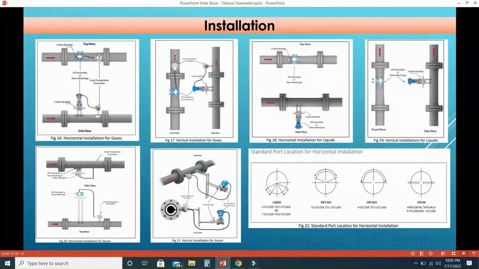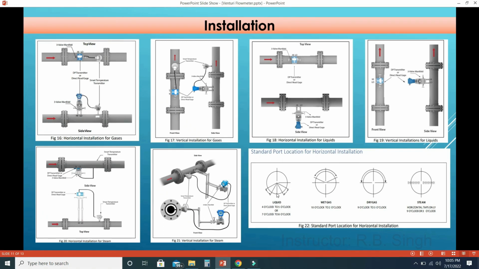Some installation details are available as per the different types of process media. Like the last drawing is showing the tapping locations based on the fluid. Like this is the liquid fluid, this is the wet gas, this is the dry gas, this is the steam applications. So we can consider the tapping point based on the fluid.